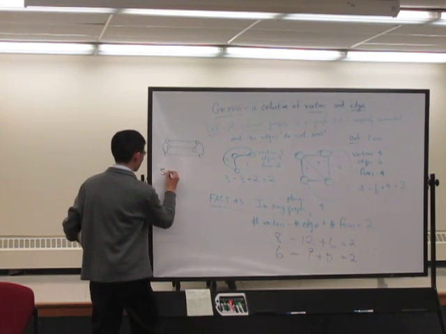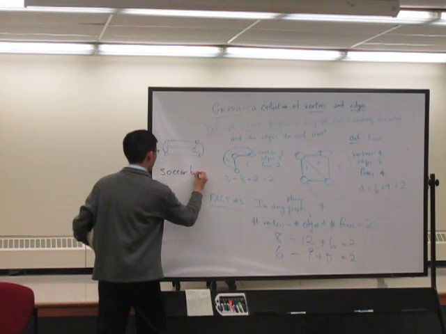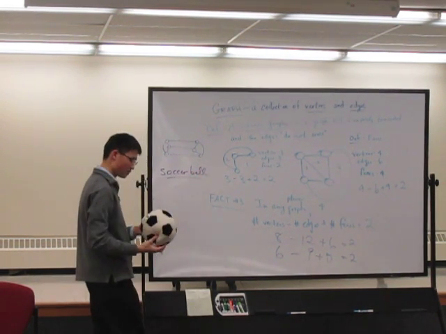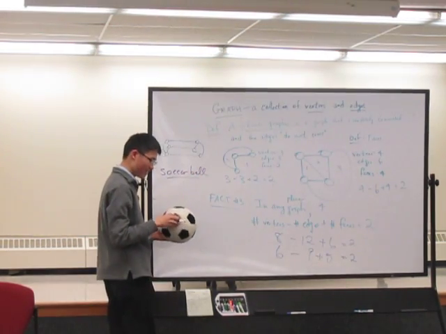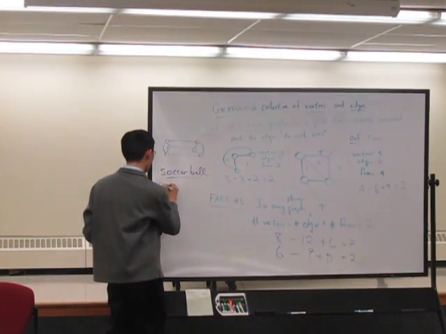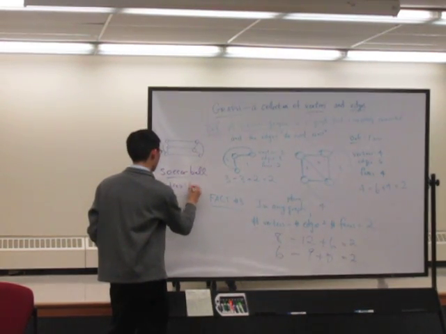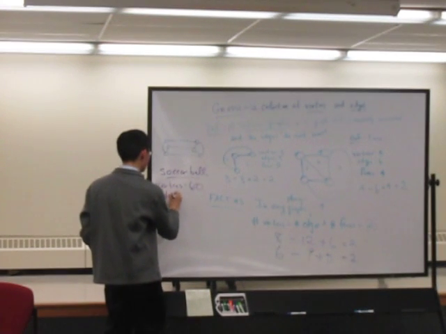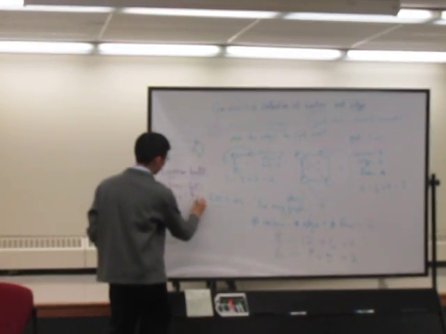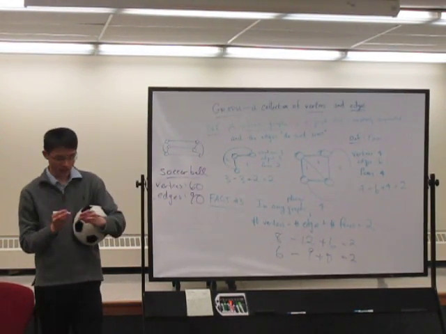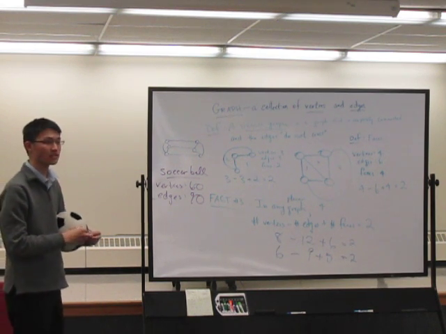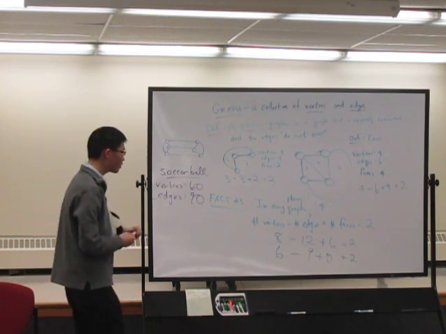So, in a soccer ball, this isn't a real soccer ball; it's fluffy and stuff, but that's okay. Vertices, there are 60. Edges, there are actually 90. So how many faces are there on a soccer ball? Yes? 28. Not quite.